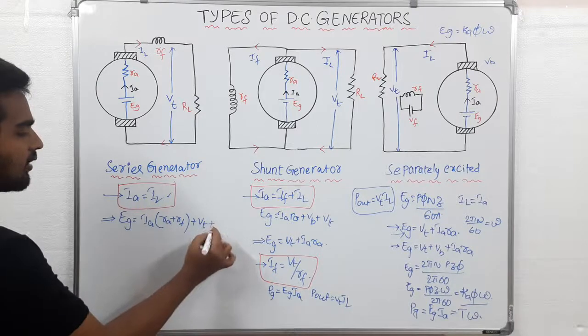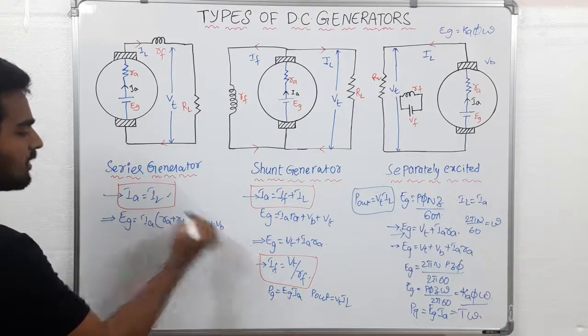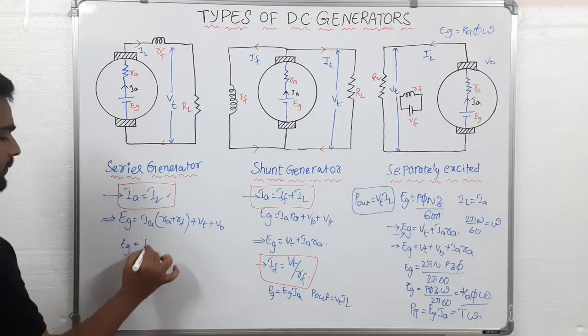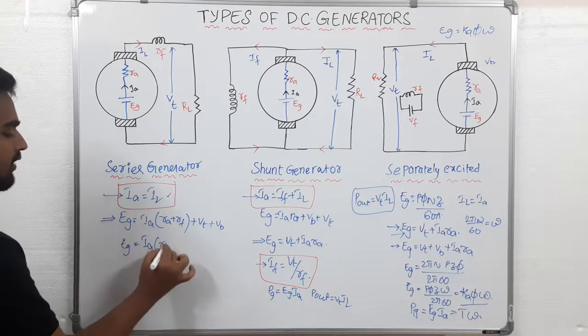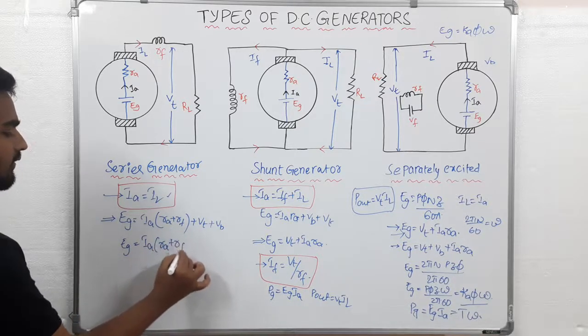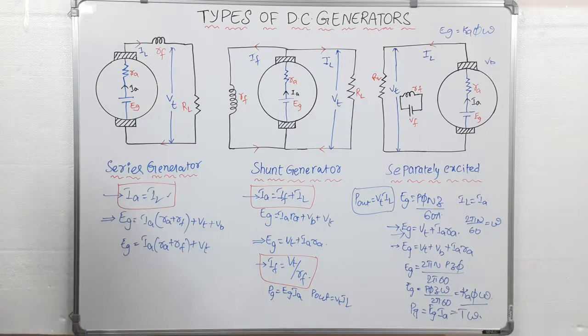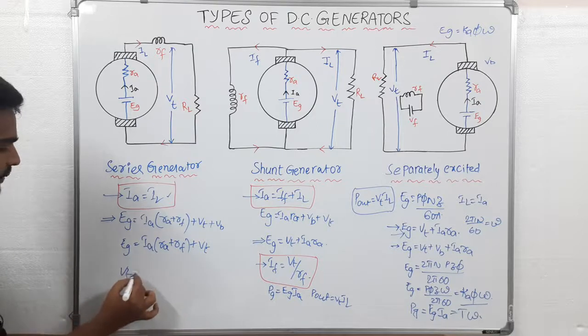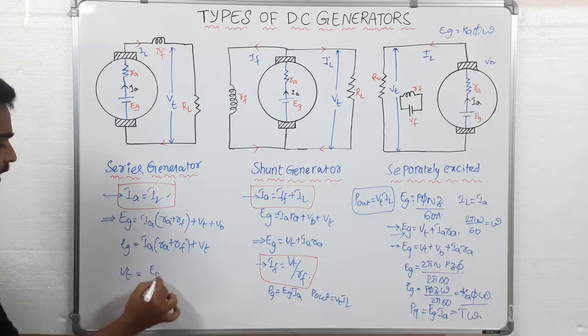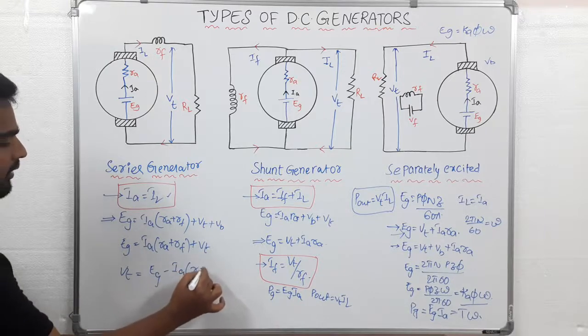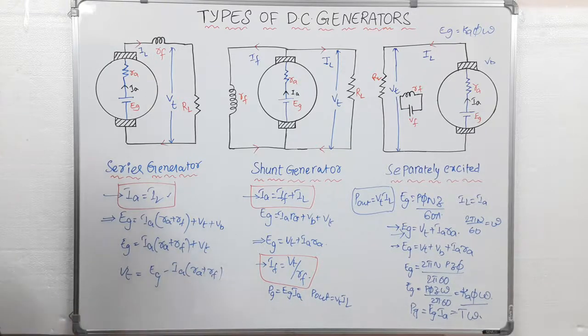If we consider brush voltages, plus Vb; if we neglect that, Eg equals Ia into Ra plus Rf plus Vt. Therefore, Vt will become Eg minus Ia into Ra plus Rf.